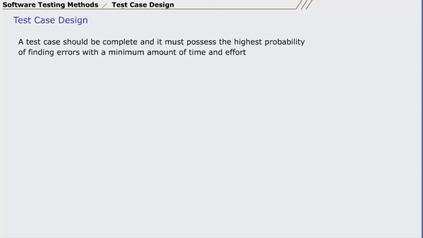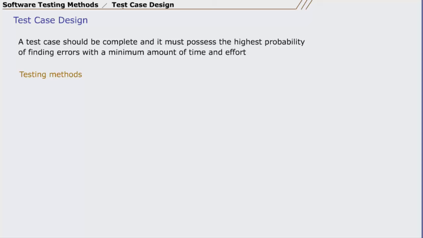Test case design is an important activity in software engineering and should be done very carefully so that a test case should be complete and it must possess the highest probability of finding errors with a minimum amount of time and effort. There are different methods to develop a test case.